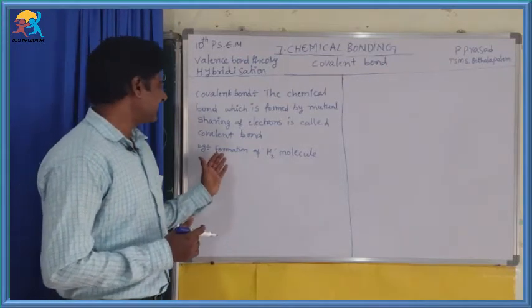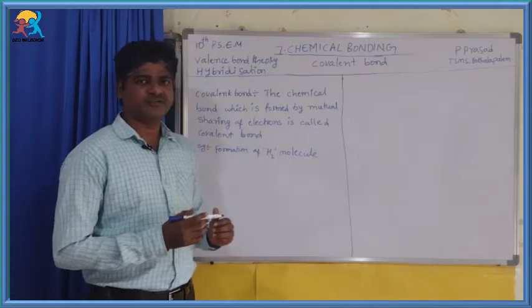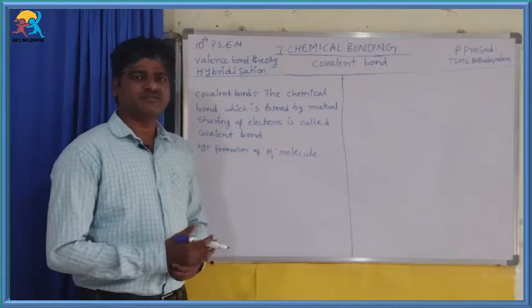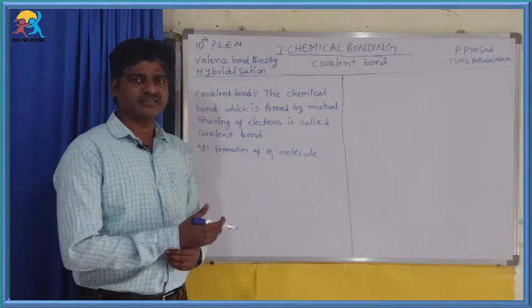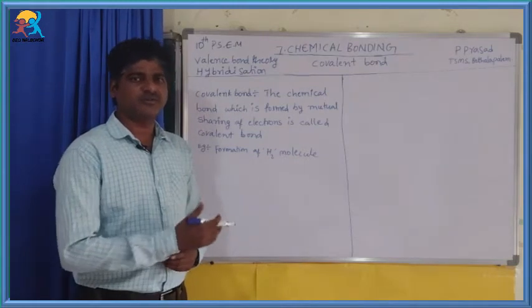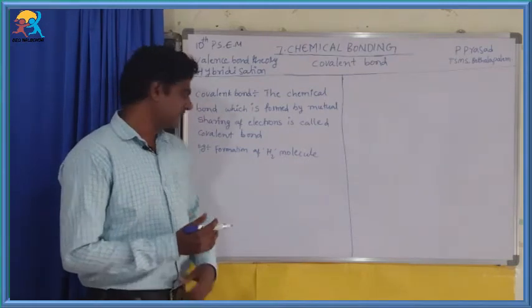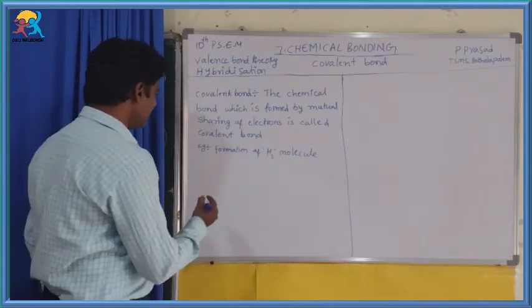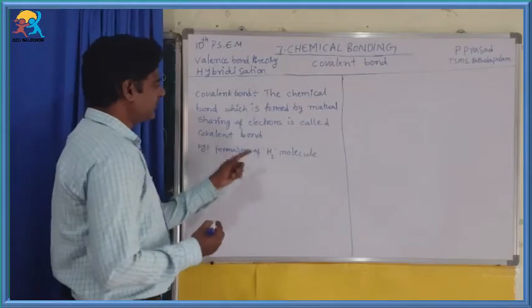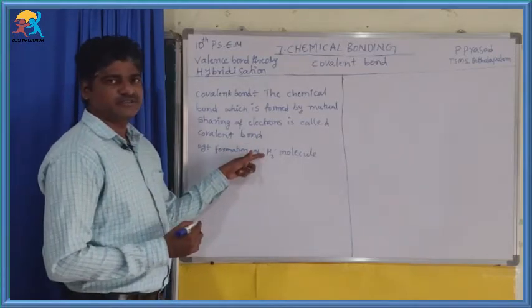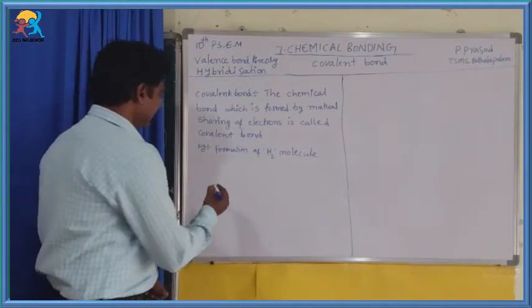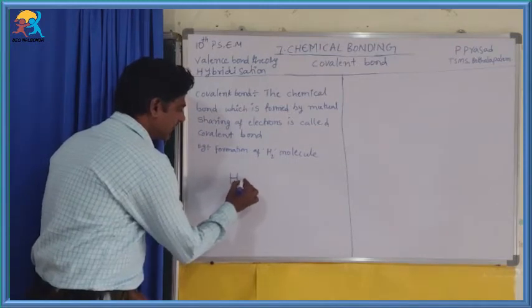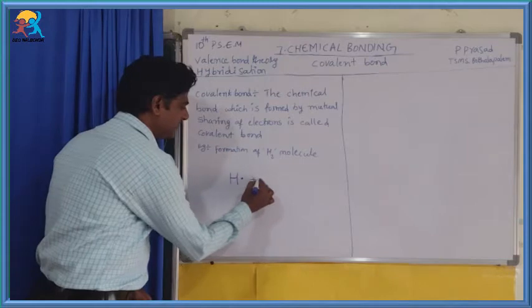For that I am taking the formation of H2 molecule. By using Lewis dot symbols of atoms, we can easily understand the formation of covalent bond between atoms. To form H2 molecule, two hydrogen atoms are required. So I am writing the Lewis dot symbols of both hydrogen atoms.